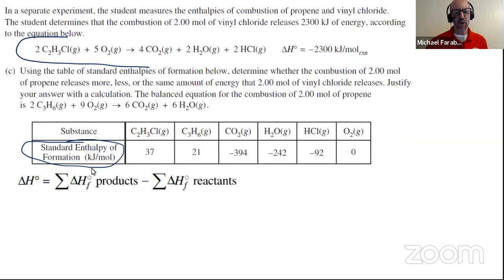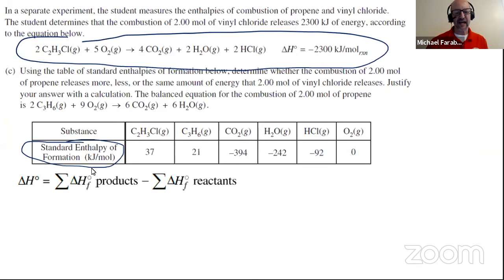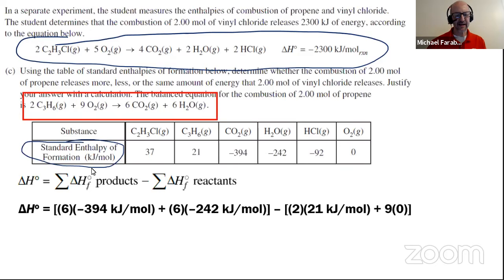They gave us an equation at the top, and they already gave us a delta H. They give us another equation, and it says, will the combustion of 2 moles of C3H6 release more or less heat than the combustion of 2 moles of this vinyl chloride, this C2H3Cl?